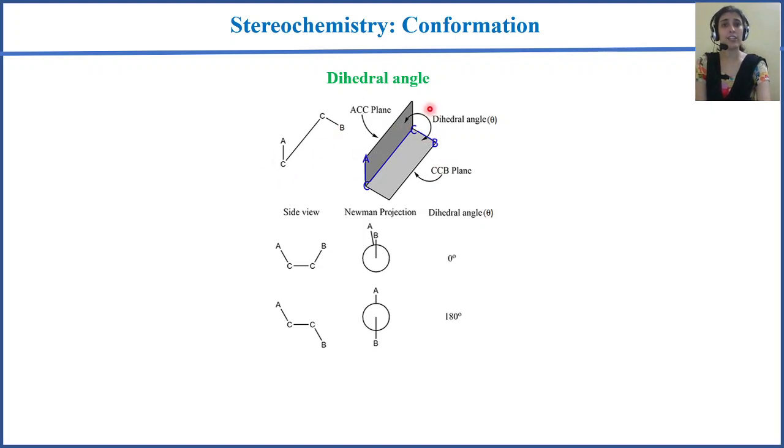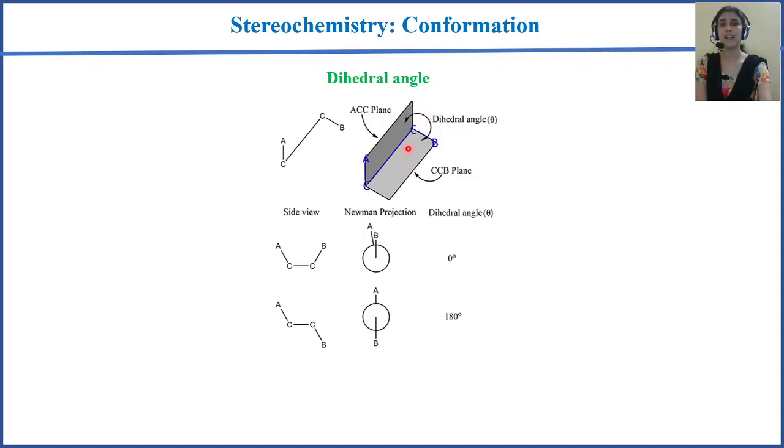We can draw a line over here. As I told you, the angle between wall and floor is 90 degrees. If you draw one line in the plane of your wall and a line in the floor, then the angle between the two lines is also 90 degrees. Similarly, if you draw a line over here and a line over here, that is AC and CB, the angle between AC and CB is the dihedral angle between these two planes.